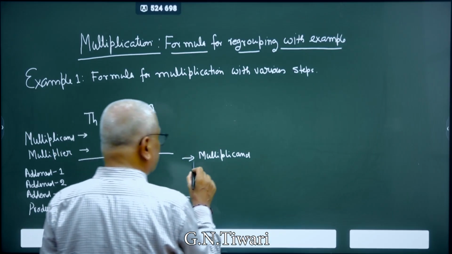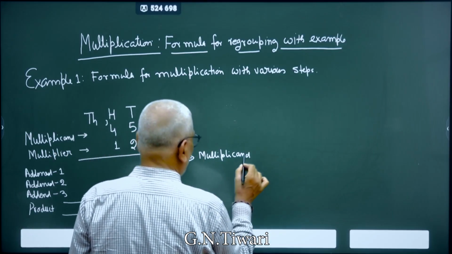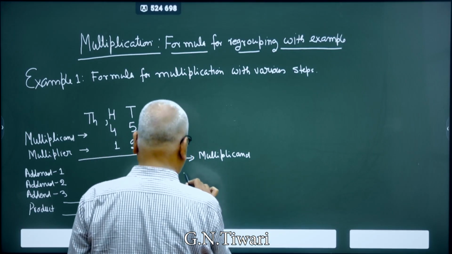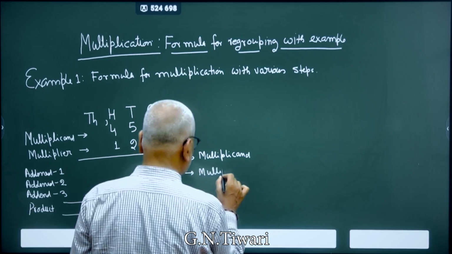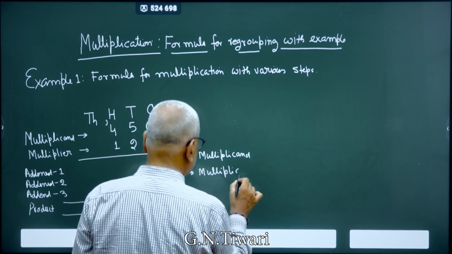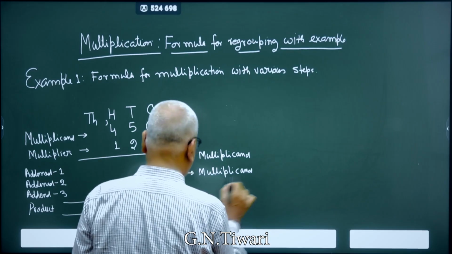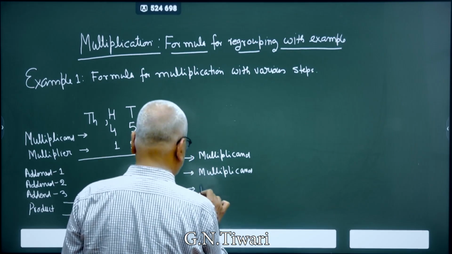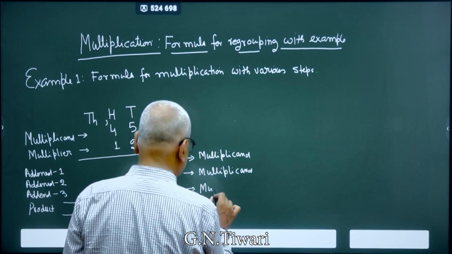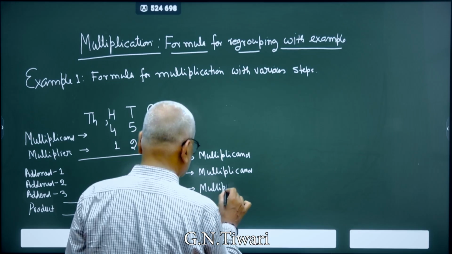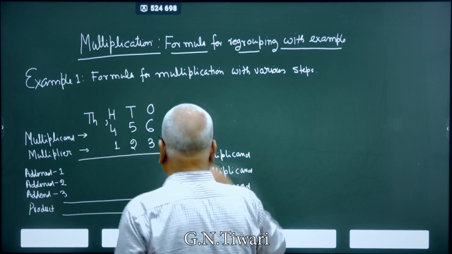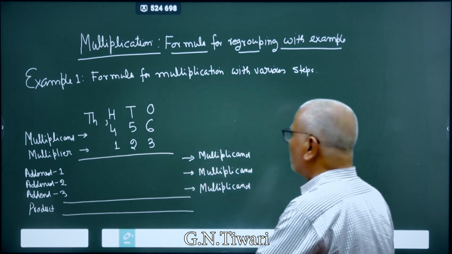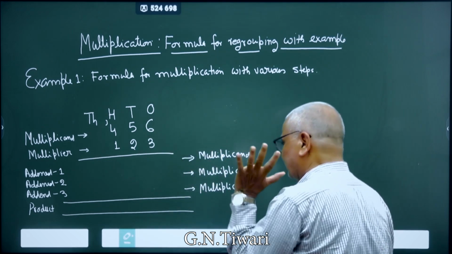The 3-digit multiplicand, and here also there will be another multiplicand, and here will be another multiplicand. For all 3 addends, the multiplicand is going to be the same.